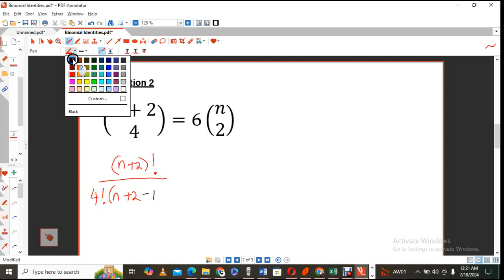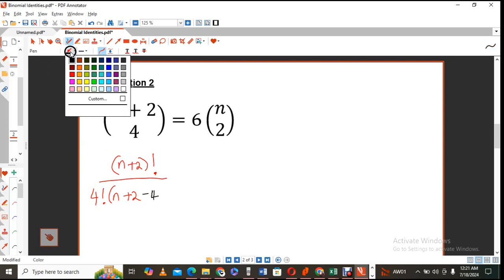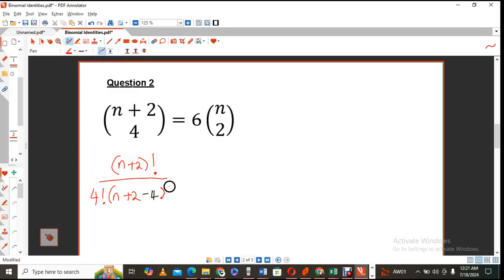I said minus 1 by mistake, it is minus 4. I just want to make sure that we don't miss that. And this is going to be 6 times n factorial over 2 factorial times n minus 2 factorial. Let's just clean up the left-hand side.